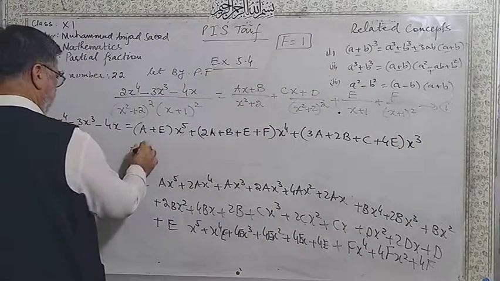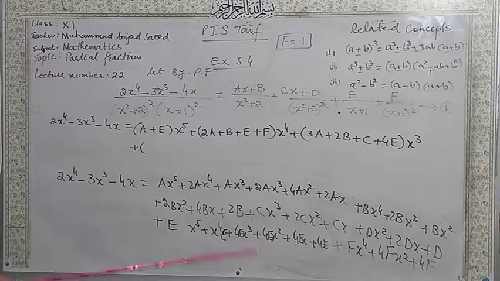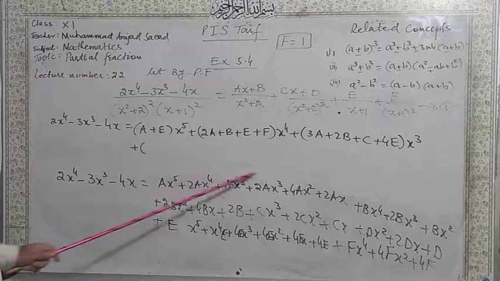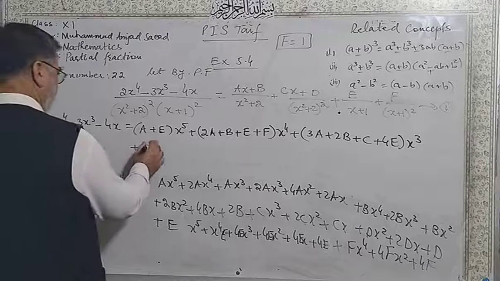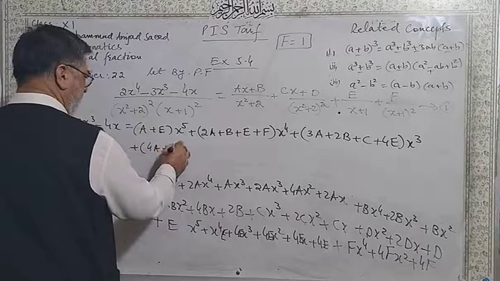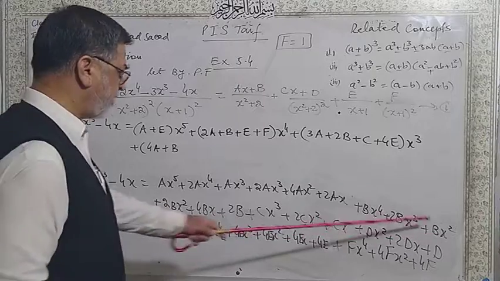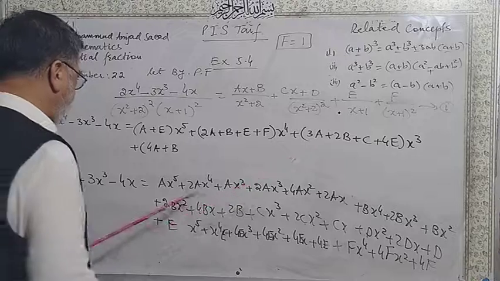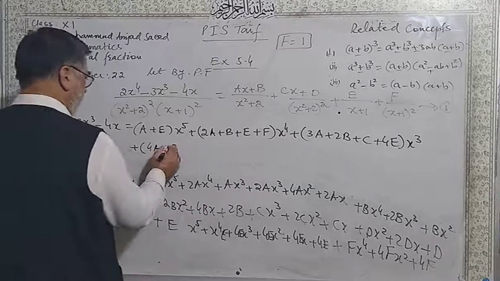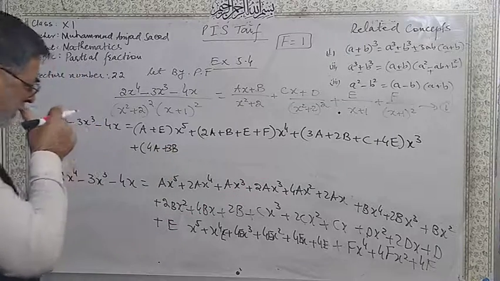After that we will find the terms with x square. 4a plus b, then plus 2b. Actually bx square and 2bx square will be 3bx square.